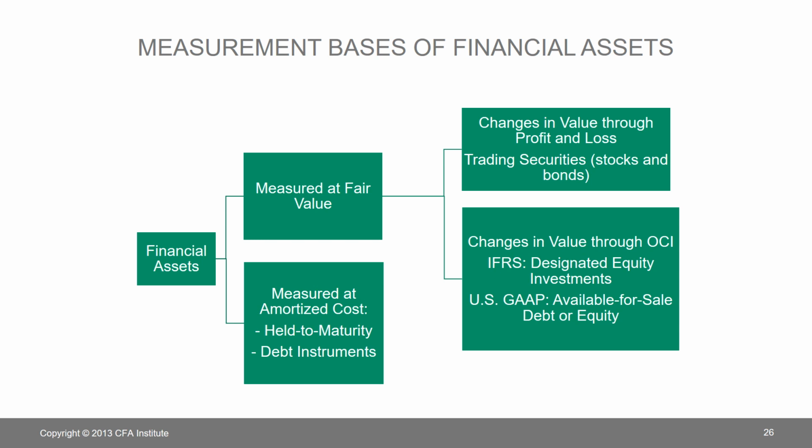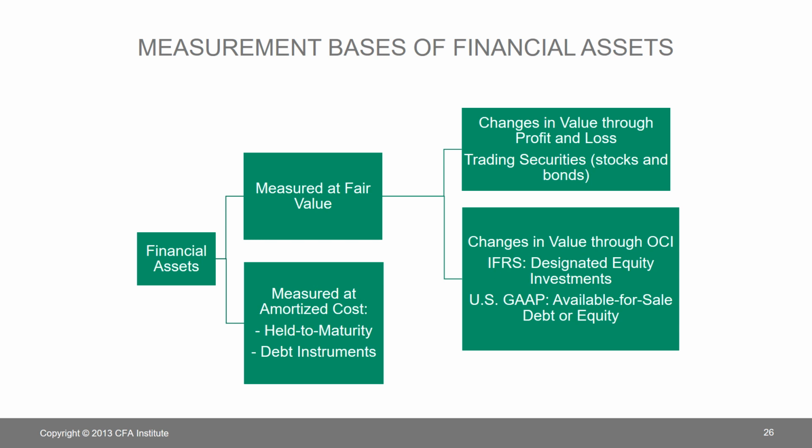Examples include an investment in a long-term bond issued by another company. For example, the value of the bond will fluctuate with interest rate movements, but if the bond is classified as held to maturity, it will be measured at amortized cost. And also a loan to another company would be measured in the same way.